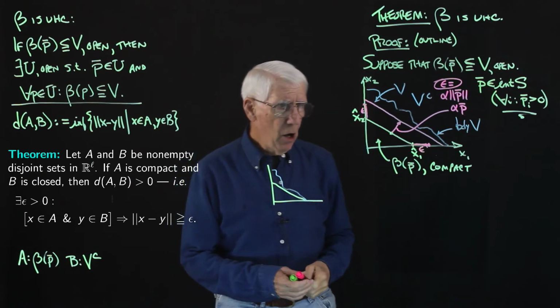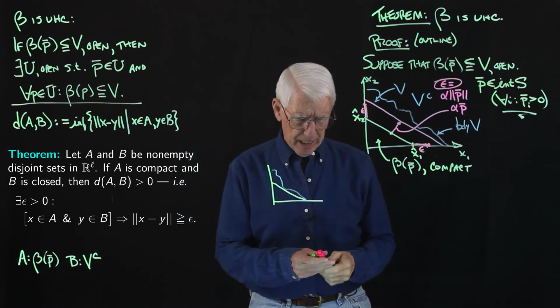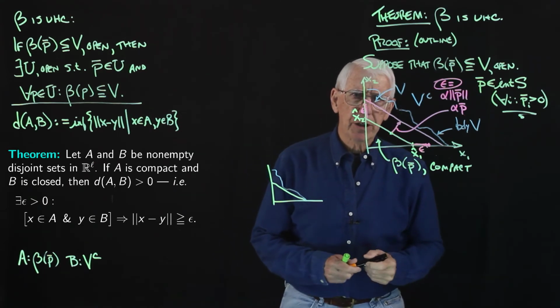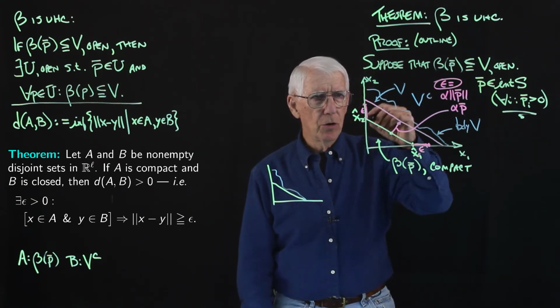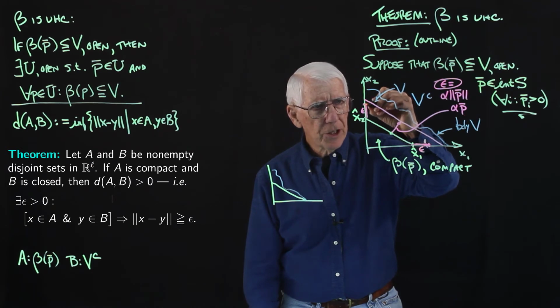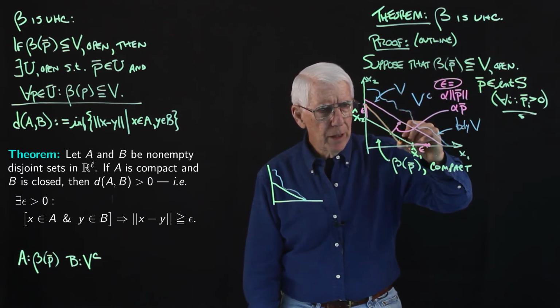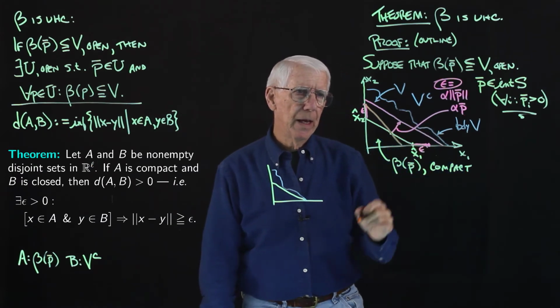So now let's construct a budget constraint that goes out to this intercept here and through the initial bundle.